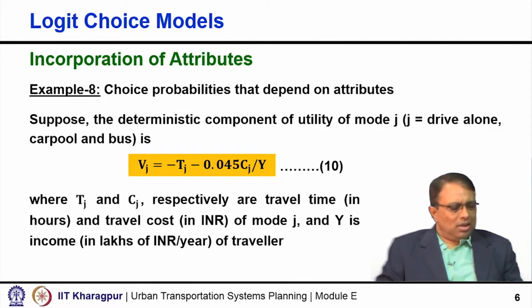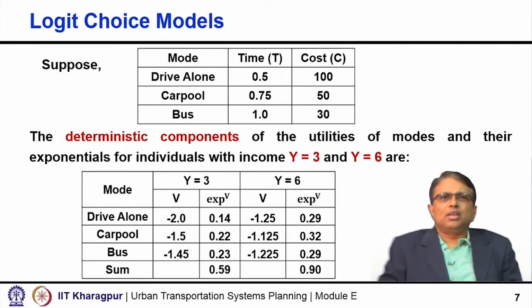So, if we know that the travel time and travel cost by 3 alternative modes, say drive alone, carpool and bus, are as shown here, then if the income levels are 3 lakhs and 6 lakhs Indian rupees per annum respectively for 2 income groups, then the value of y is 3 and 6 respectively.